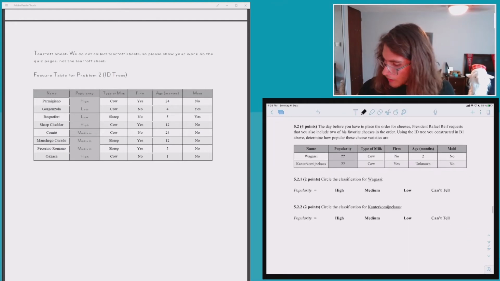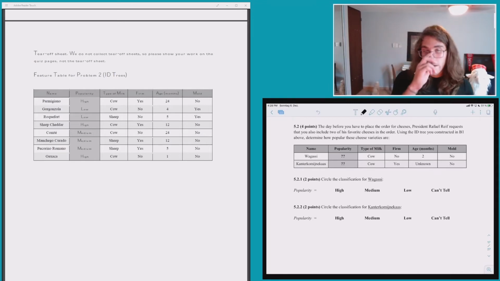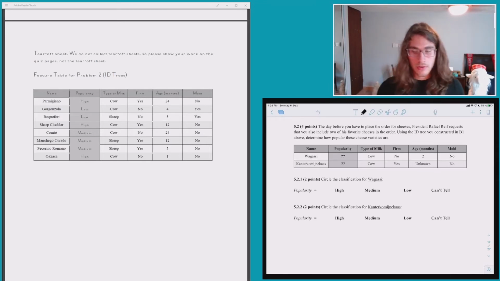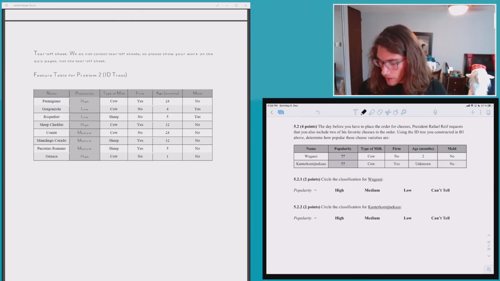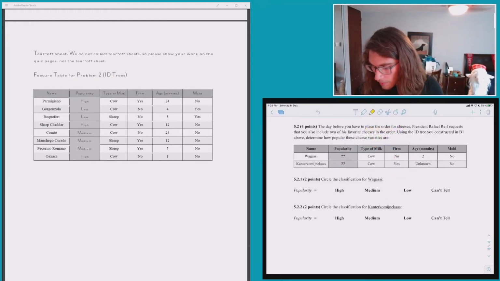Okay, and now we're given 2 points and we're asked to use the ID tree, the greedy ID tree that we just constructed, in order to classify these 2 points. Let's see. So thinking back to the point, I'll go back to the ID tree after reading the first Wagasi entry.